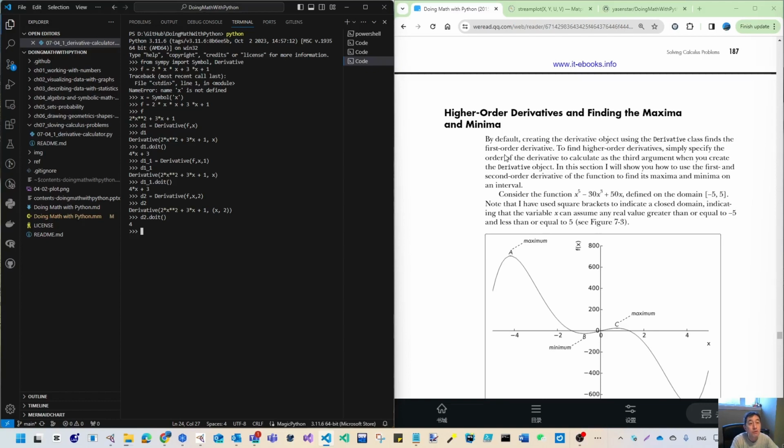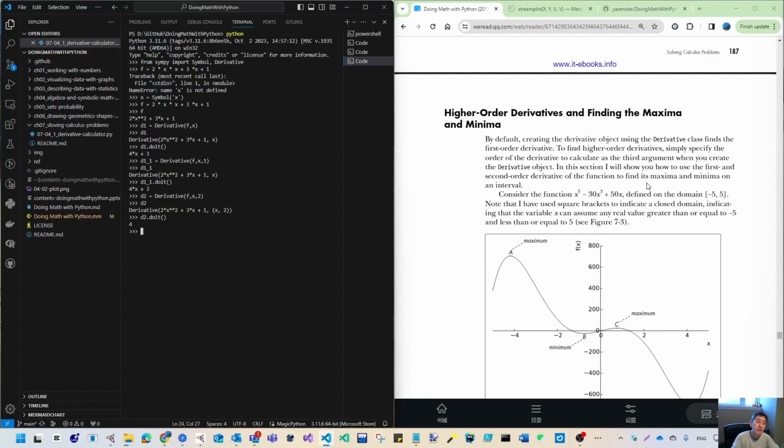But what is the usage for this higher order derivative? I will show you how to use the first order and second order of the function, and they help us find the maxima and minima over an interval, within a range or scope. The purpose of using the higher order derivative is that the derivative measures the rate of change.